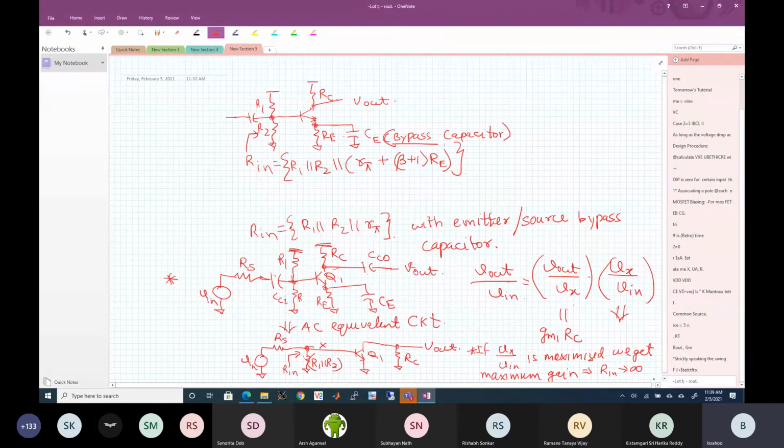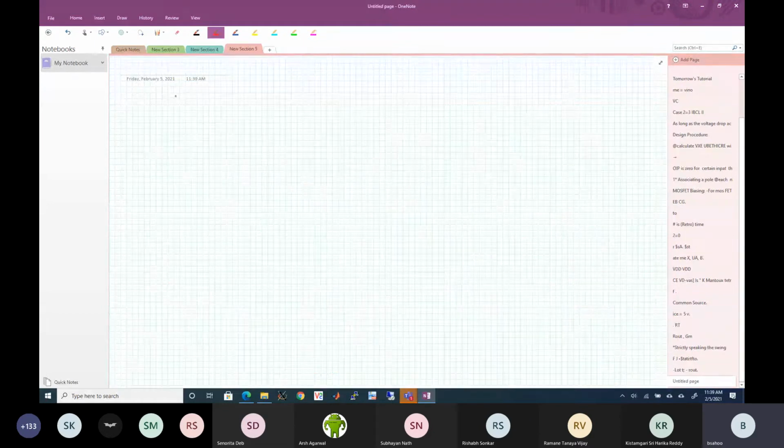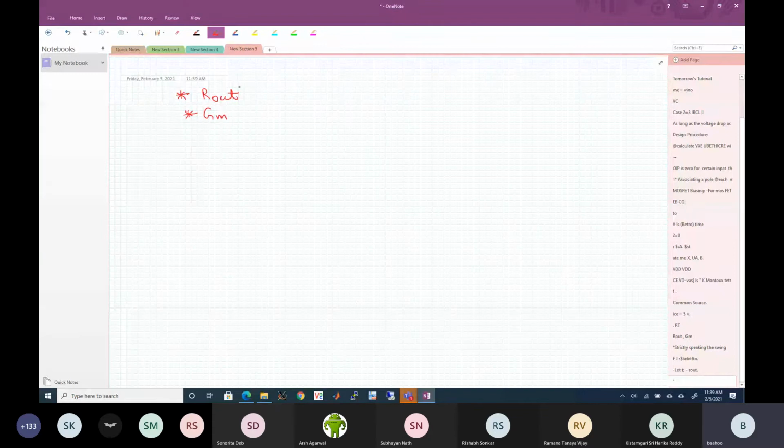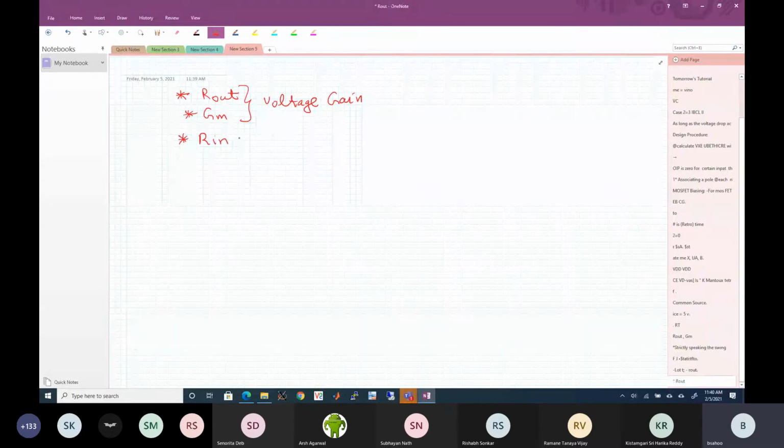Now you have to appreciate why, in the beginning, before we started amplifiers, we said that we need to do a few things. We need to solve for Rout. We need to solve for Gm, because this collectively gives us the voltage gain. And we need to solve for Rin to make sure that this is optimal.